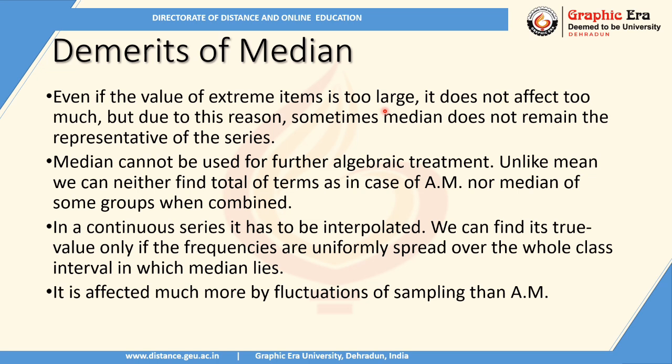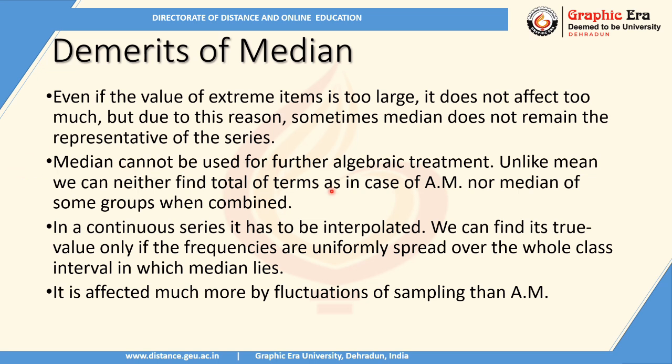So in this particular data, 3 is the median. But we cannot say 3 represents the whole data, because the starting data is very low and the last data is very large. So in this type of data, we cannot calculate the median rightly.